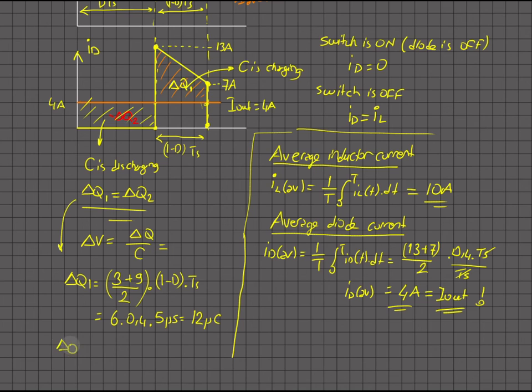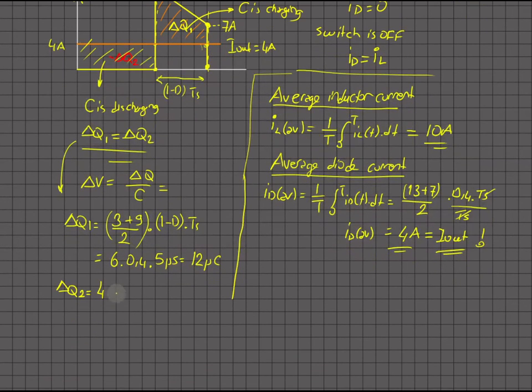So let's calculate the Q2 here. It is easier because it's like constant charge. So it is 4 times D times TS, or 0.6 times, let me write in total 4 TS, it is 4 times 0.6 times 5 microsecond, and again it is 12 microcoulomb. They are equal to each other.